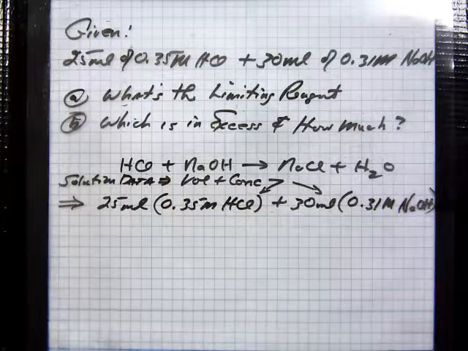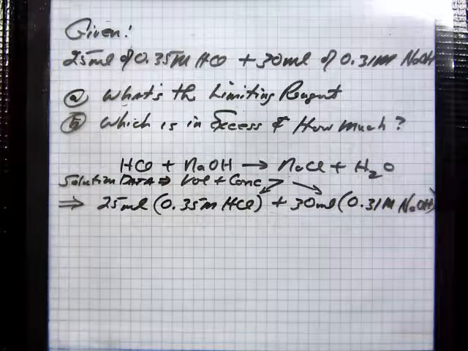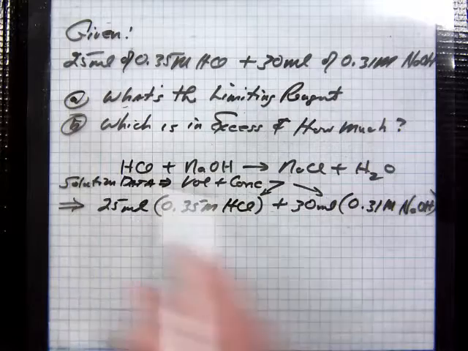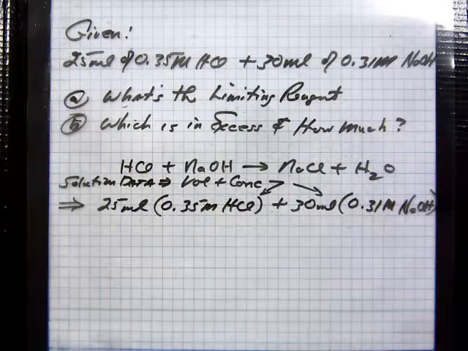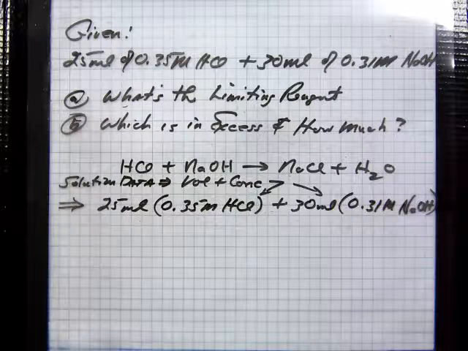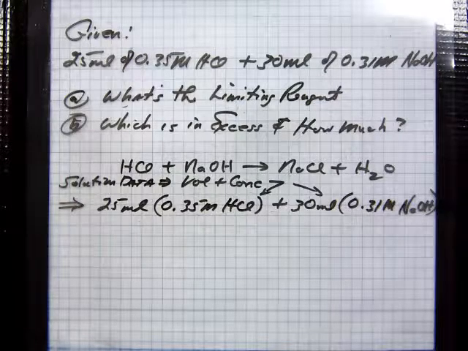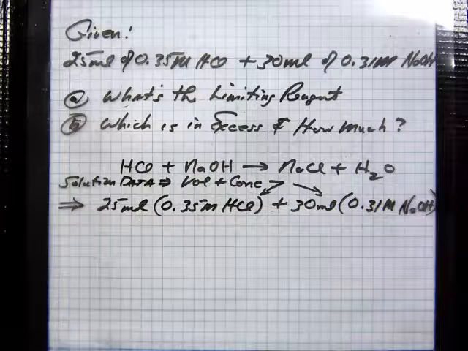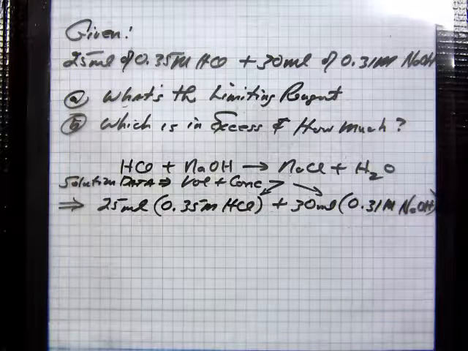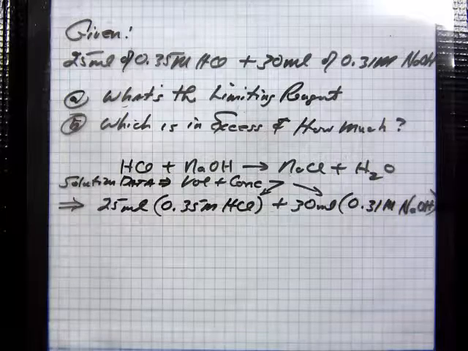Now, with that, you need to be able to convert to moles, because we have HCl and NaOH, and we need to get to moles. Once we get to moles, then we'll know who's in excess, because it's a 1-to-1 ratio. The smaller number is the limiting reagent. Subtract that from the excess, and you know how much is left over.